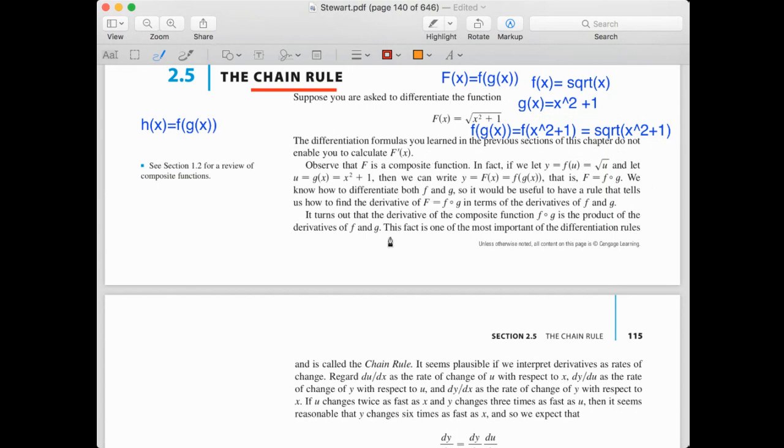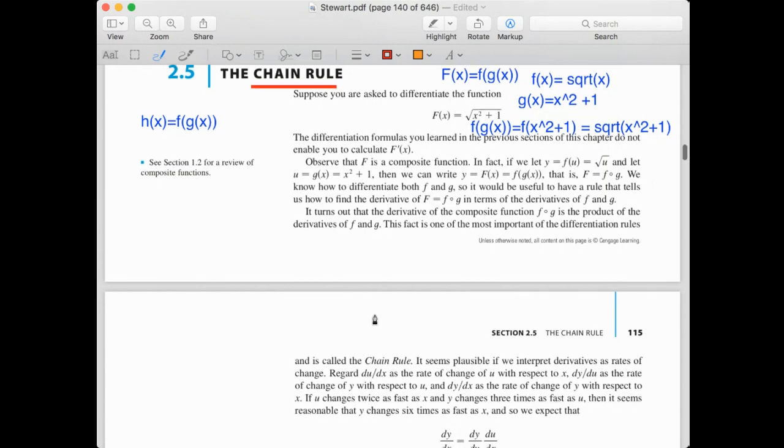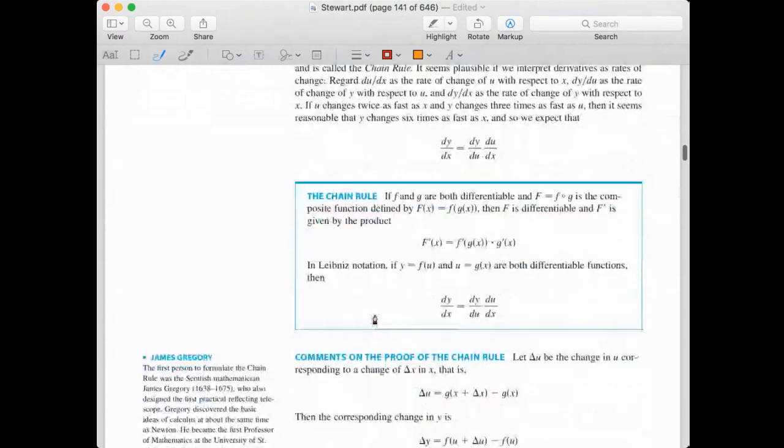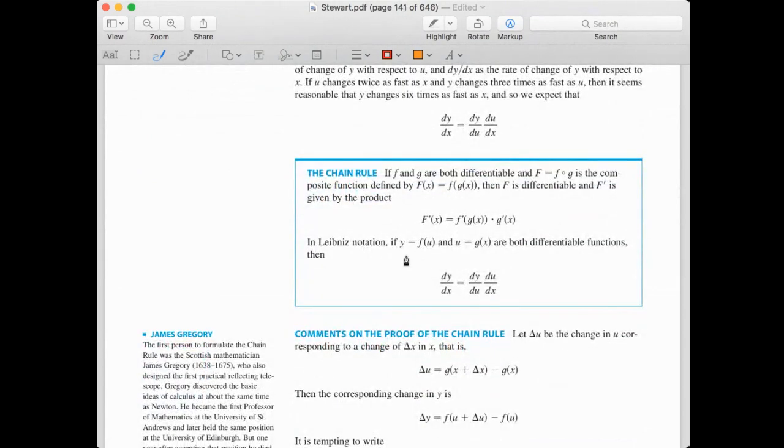So with this kind of functions, composition functions, we apply chain rule. What does chain rule do? Chain rule says, okay, big F can be written as f composed with g. F takes g as input. Then the derivative of big F is the outside layer derivative. Take the derivative of outside layer, f prime, but f prime takes g as input.